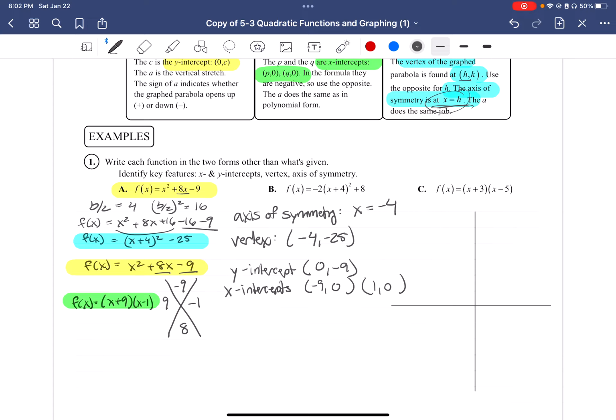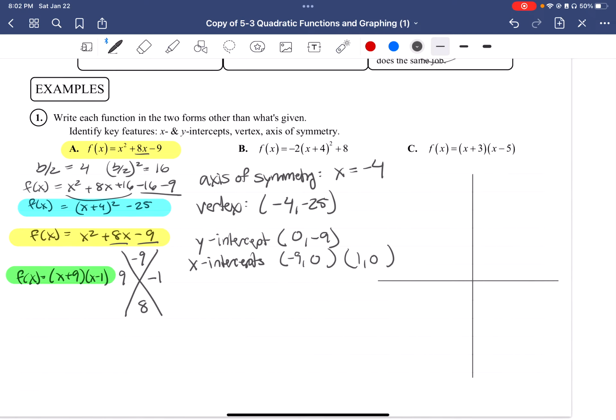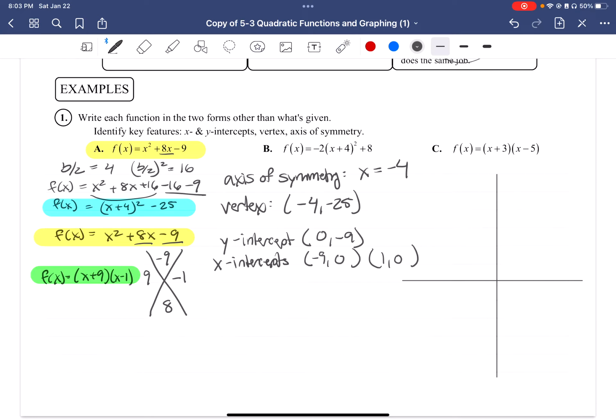Okay, so let's start with our vertex. I think that's the easiest place to start. It says our vertex is at (-4, -25). I'm going to count each of these as 5. So 1, 2, 3, 4, 5. So our vertex is going to be approximately right there.